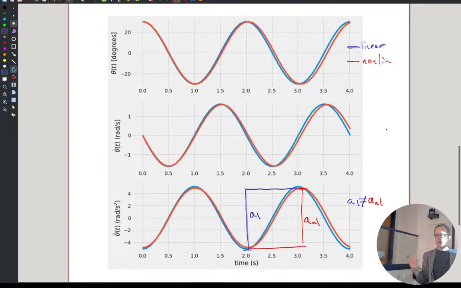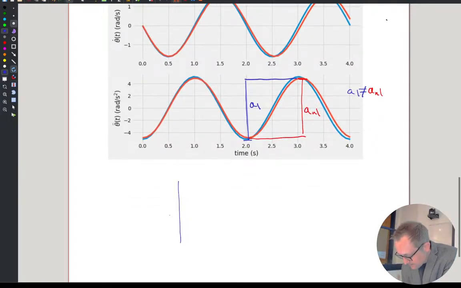It's the sine of that, so it's maybe up to g over L, that's your max acceleration. And that's kind of where we're at. Even for a small angle that we think kind of works, we're going to notice some difference in acceleration.